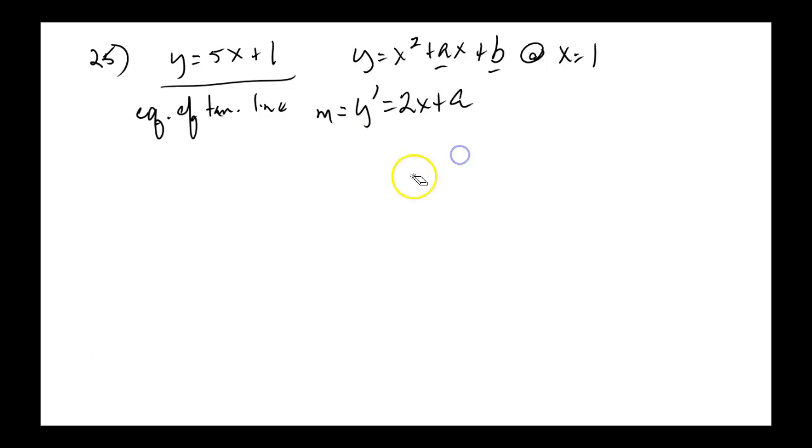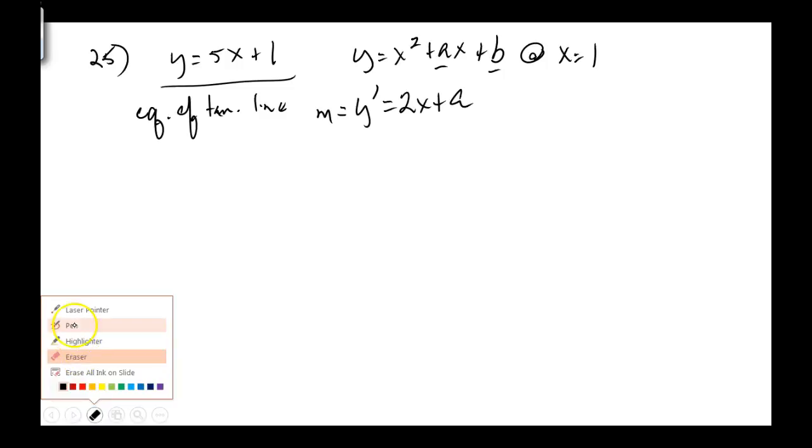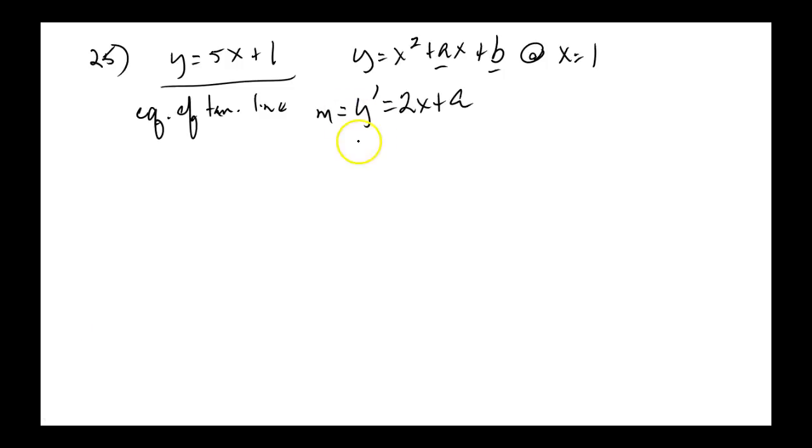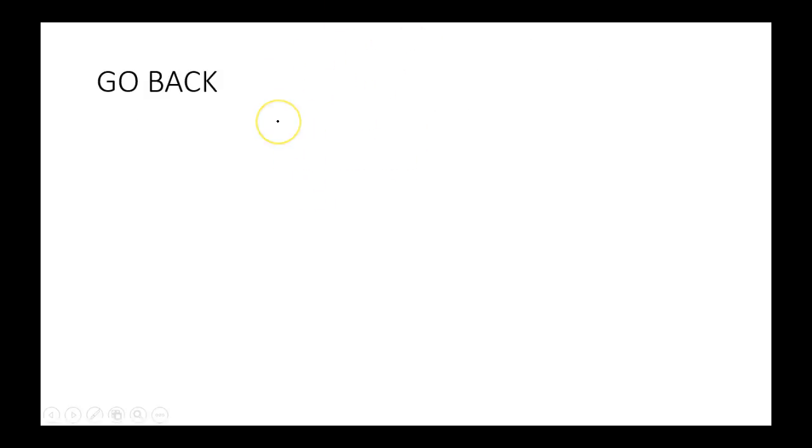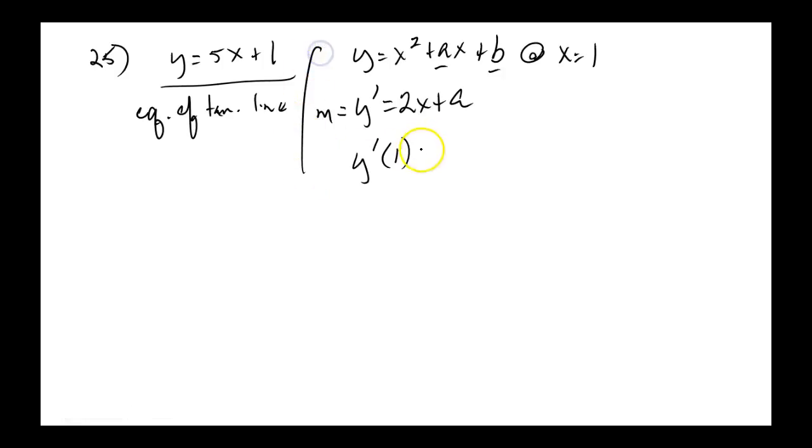What we want to do here is y prime of 1, this function here, y prime of 1 equals 2x plus a, and that slope is going to be 5. That sounds right to me.